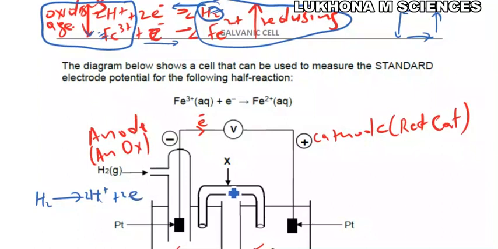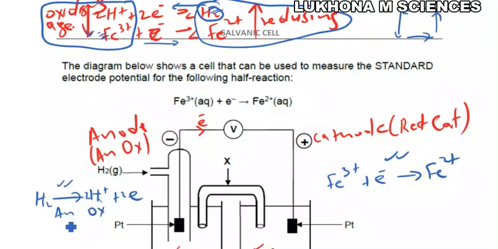Then we have Fe3+ as already there in the question to form Fe2+. Okay, so this is the half reaction. This is oxidation, an oxidation reaction, which means the first substance is an anode. This is our anode. This one is the red cat, which means the last substance is the cathode. This is our cathode.